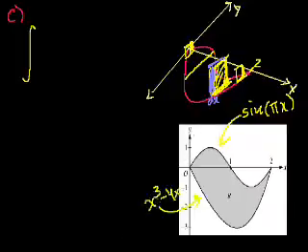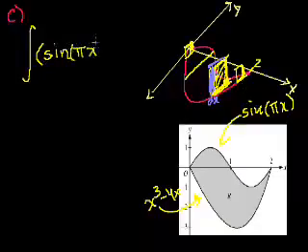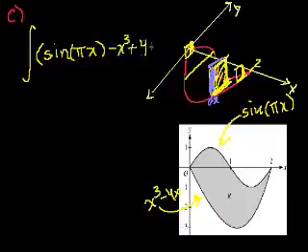So the base, this distance right here, is going to be the difference between the top function and the bottom function. So each base is going to be sine of pi x minus this function. So it's minus x to the third plus 4x, right? Switch the signs.